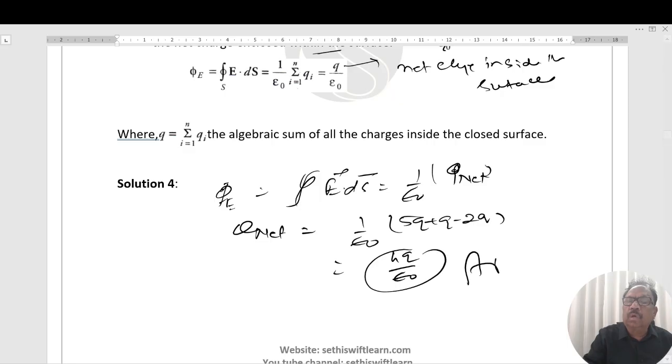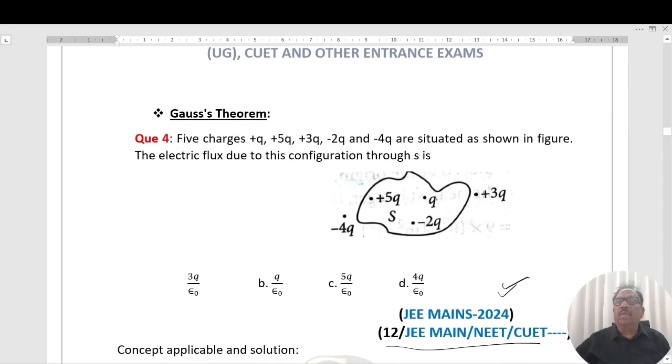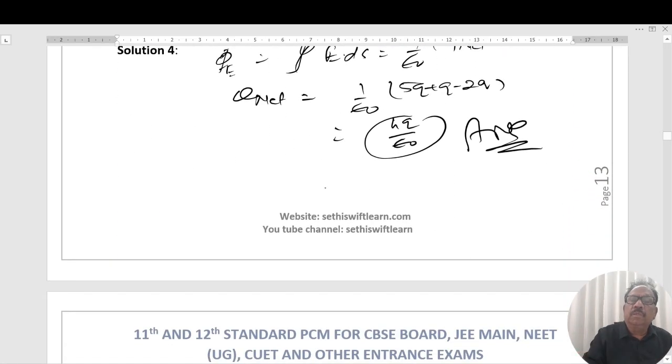This is the answer. This was the application of Gauss's theorem, and how to consider the charge. D is the correct option.